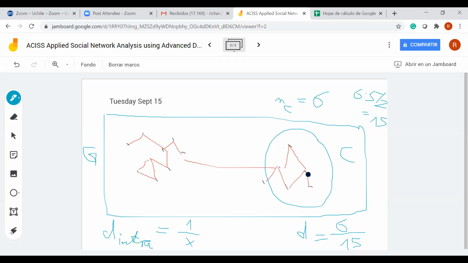So we relate the number of links we observe here with the number of expected links we would have in this community if the degrees were the same all over the network. And that looks like this.